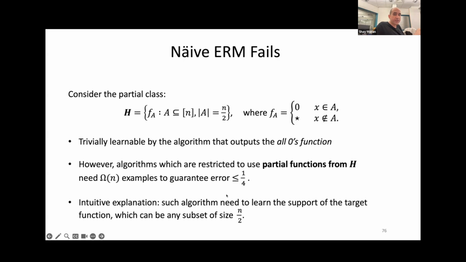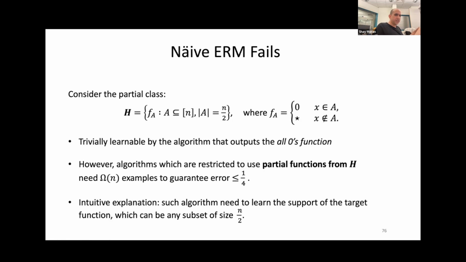Because such an algorithm needs to learn the support of the target function, which can be any subset of size n over 2. And to learn the support of a distribution over n elements requires omega of n samples. So this is the intuitive explanation, but I think this is quite convincing.